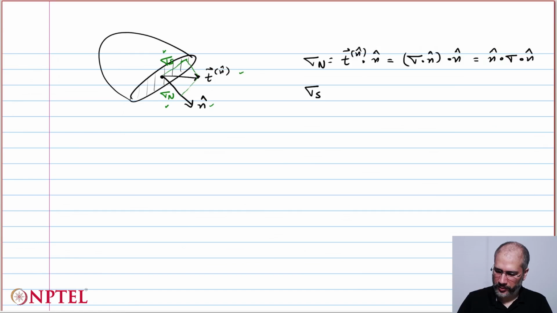And then sigma s, the other coordinate in the stress plane, was given using a direction p hat. So this was given as the traction vector dotted with p hat. So this becomes sigma dot n dotted with p hat, which can be written as p dot sigma dot n hat.